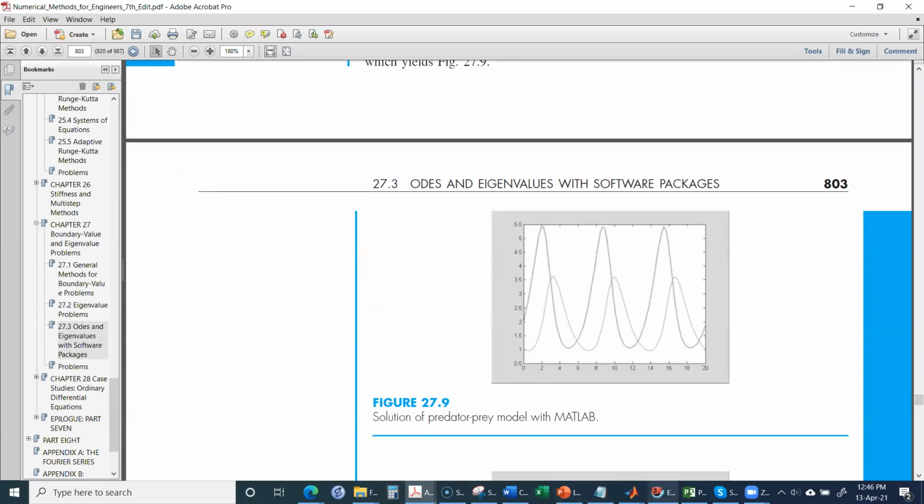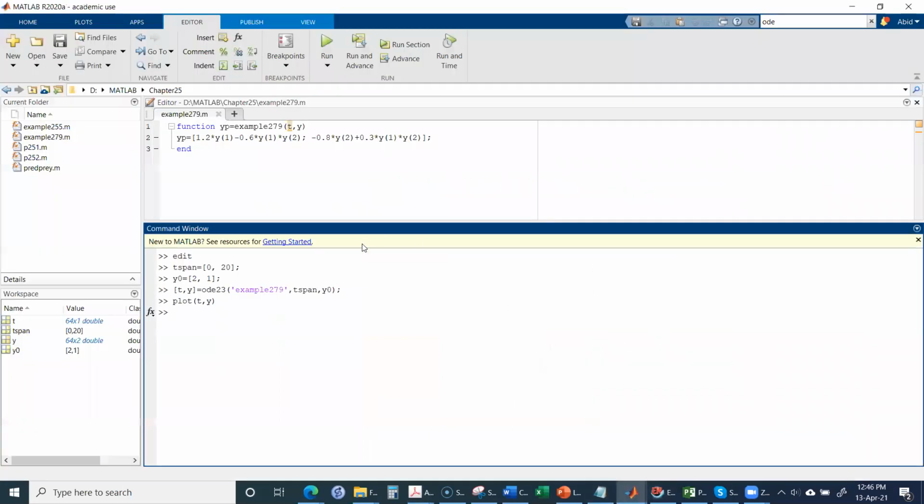So in this way, what you have seen is that you can use a system of ordinary differential equations like this.